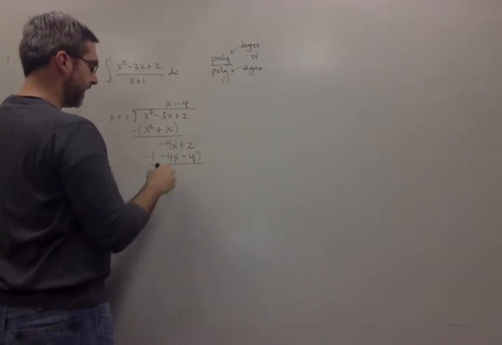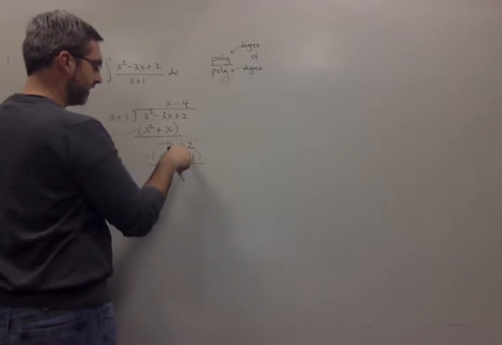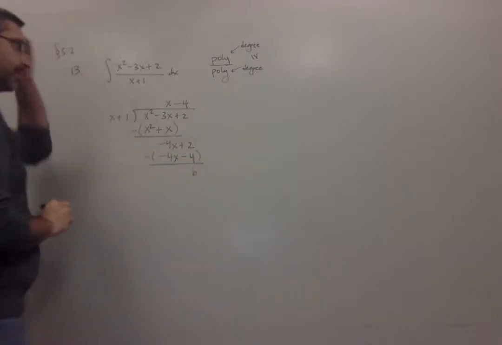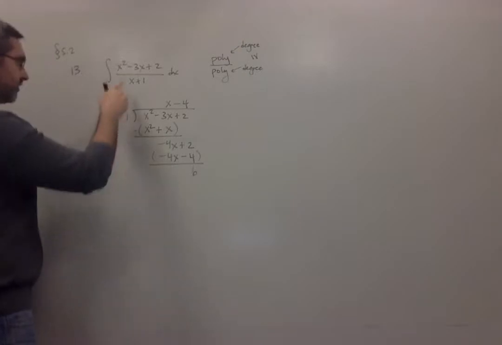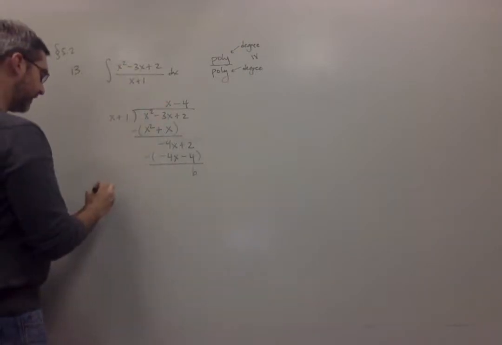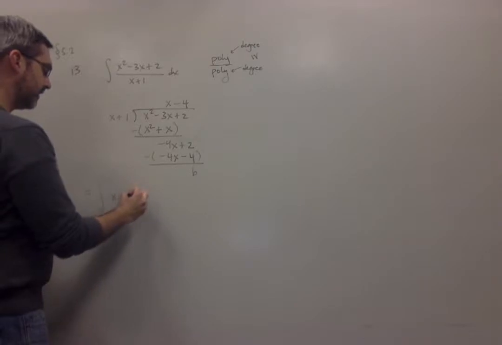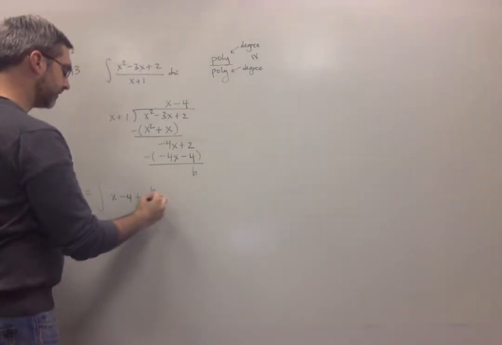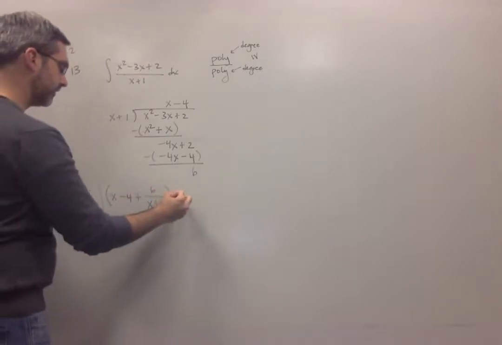Then I subtract again, and what I get here is the 4x's go away, and then I've got positive 2 plus 4 is 6. So what that means is that this integral here ends up being the integral of x minus 4 plus the remainder over what I'm dividing by. This is my remainder. Okay.